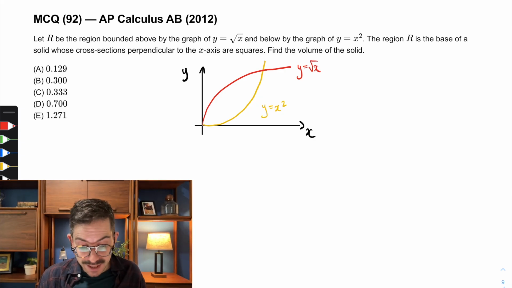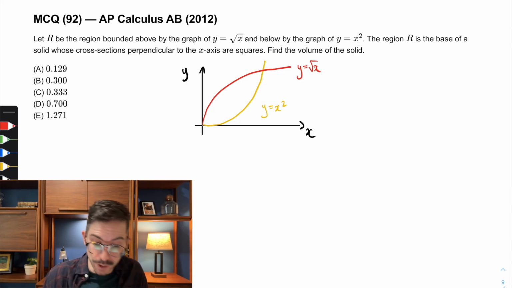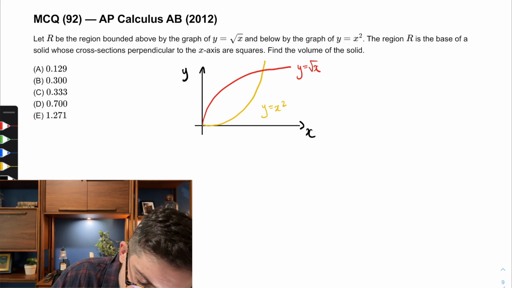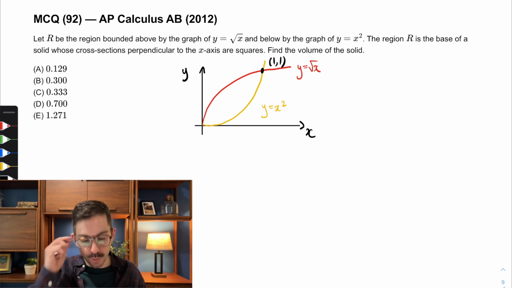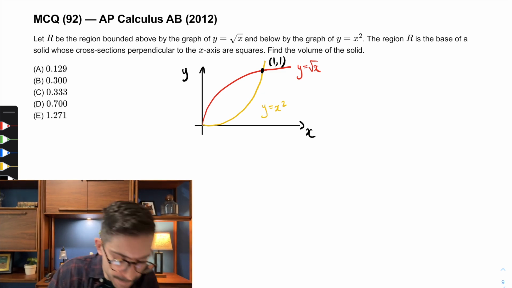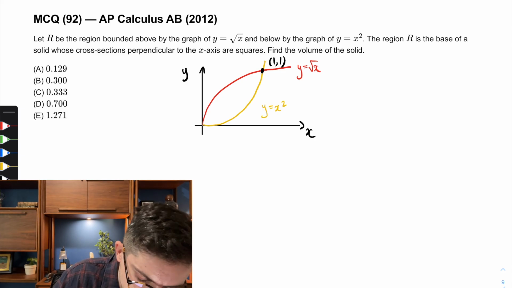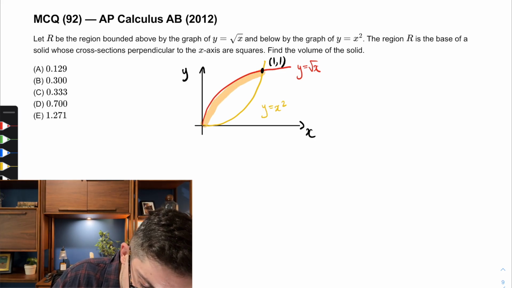In a problem like this, if you're not sure what to do, a diagram is always helpful. Now remember, we can figure it by inspection. That intersection point is going to be (1, 1). And so now I have this nice region R nestled between these two curves.